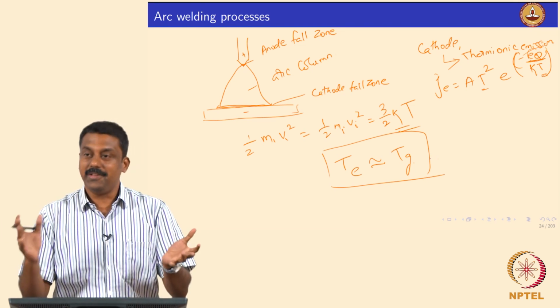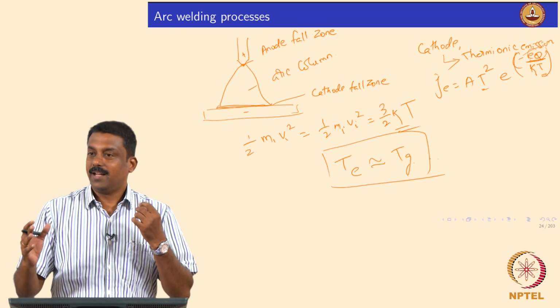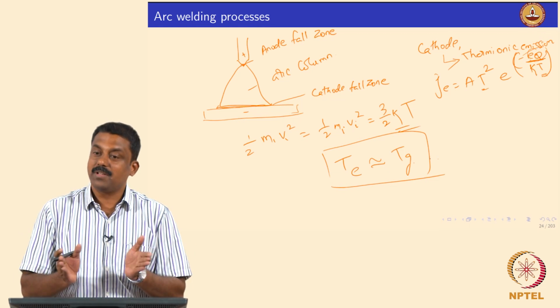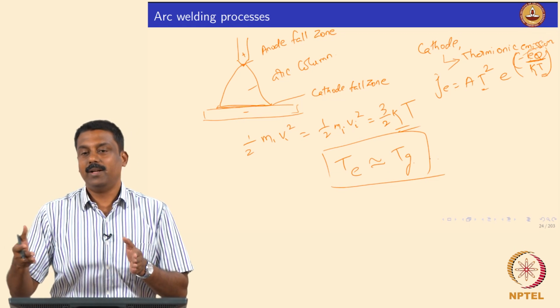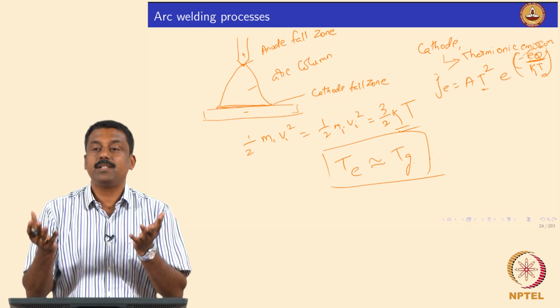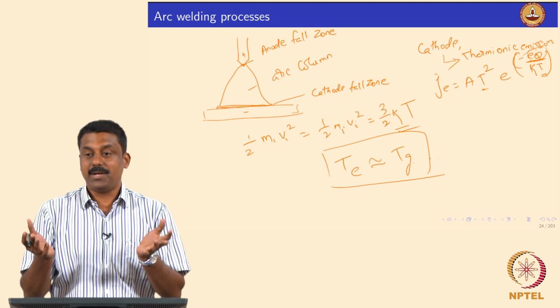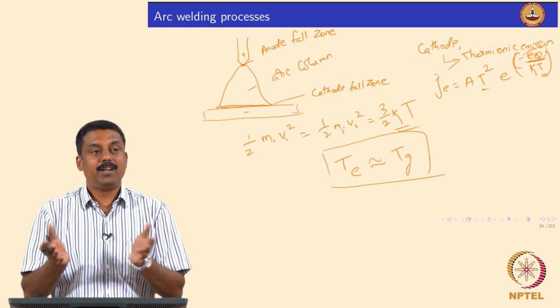But when the pressure is changed, when the system is under different pressures, then the situation is not going to hold, because then your drift velocity will change. If you change the pressure, your drift velocity will change.